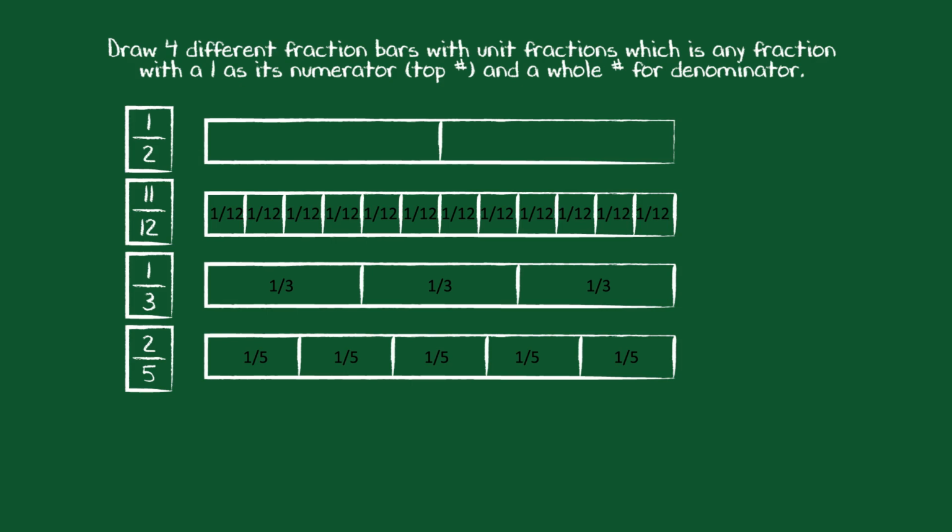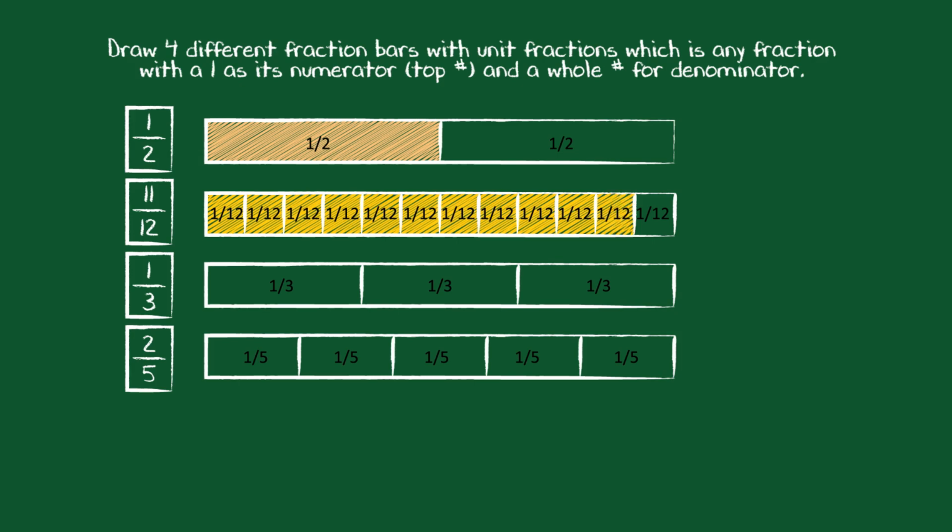So 1/2 means we shade 1/2. 11/12 means we shade 11 fraction sticks. 1, 2, 3, 4, 5, 6, 7, 8, 9, 10, 11. In the third fraction, 1/3, we simply shade in 1 fraction stick. And in the last fraction, 2/5, we simply shade in 2 fraction sticks.